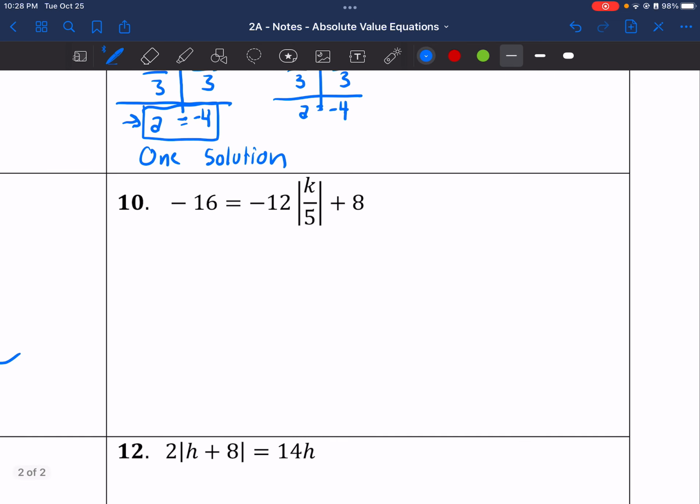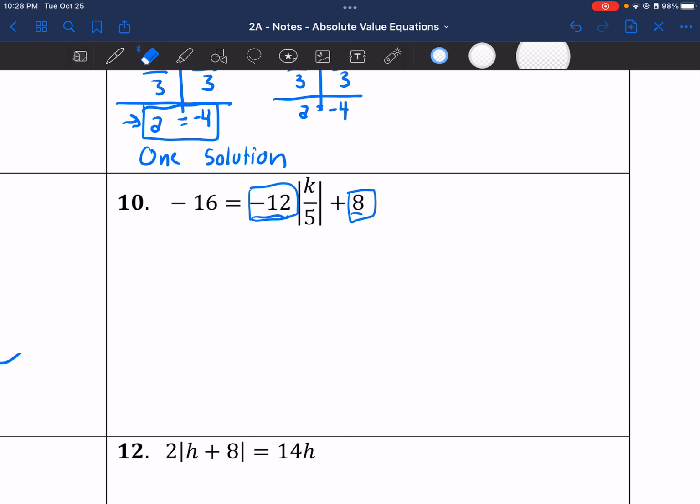For number 10, same deal. We want to deal with all the coefficients and all the constants on the absolute value side first. So we want to deal with this 8 and we want to deal with this negative 12. Again, you cannot combine these two because these are not like terms.